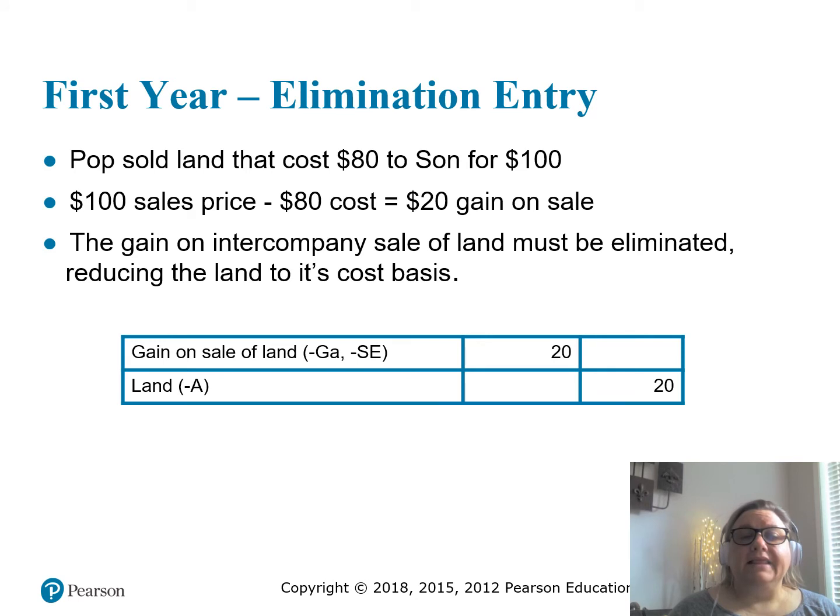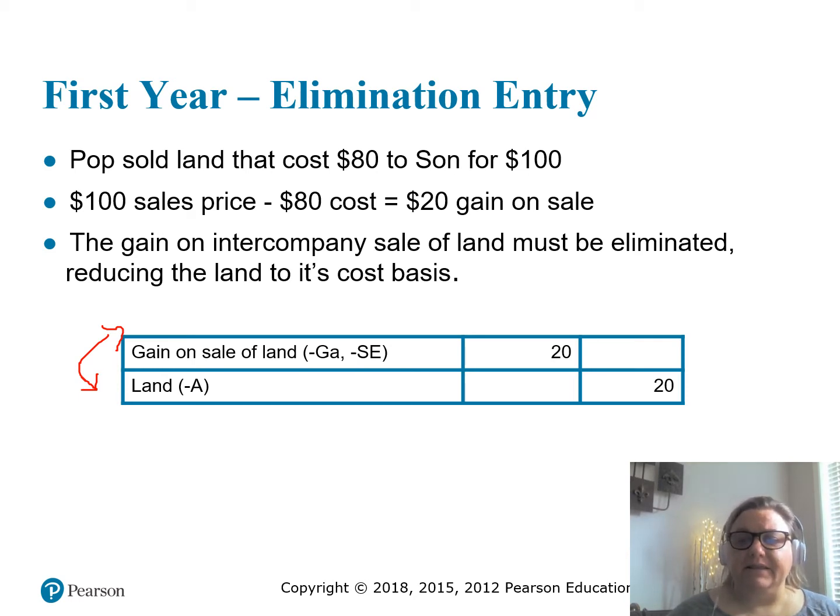All right, and then Pop sold the land that cost $80 to Sun for $110. So there's the gain on sale of land right here, sales price minus cost. And so you have to eliminate it and basically reduce the land down to its cost basis. So you don't want companies selling in between each other and showing all this profit because they're under the same umbrella.